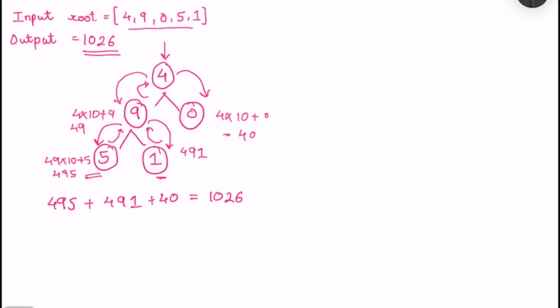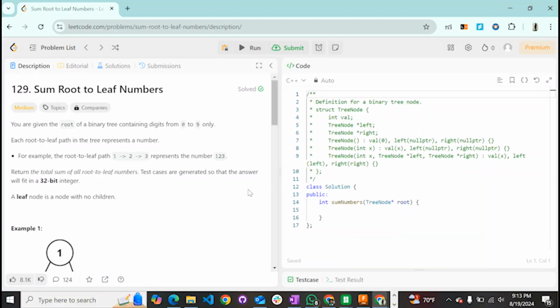So this is how, using recursion, we can get the numbers formed from the root till the leaf nodes, and then sum all of the formed numbers and return the result. So let's try to code this problem.